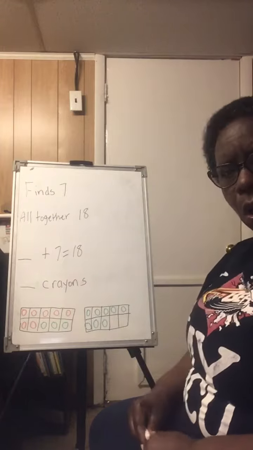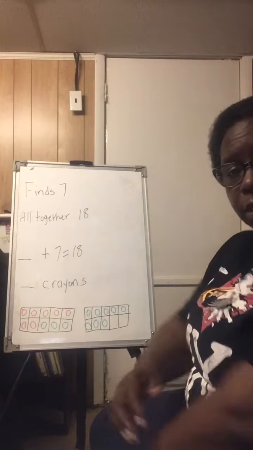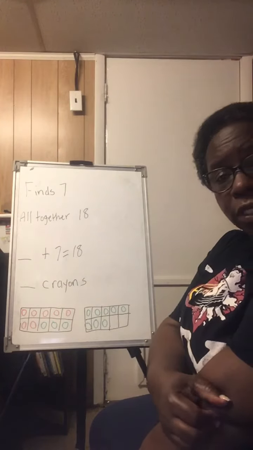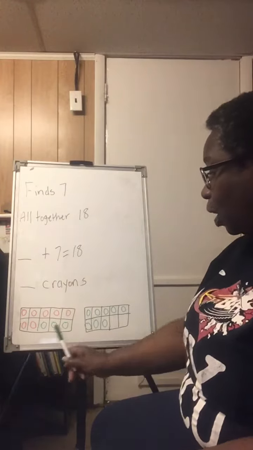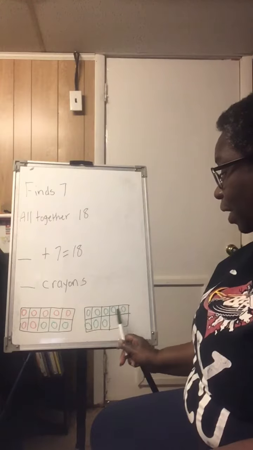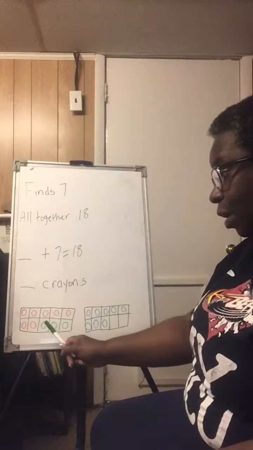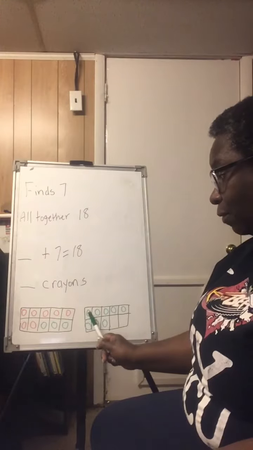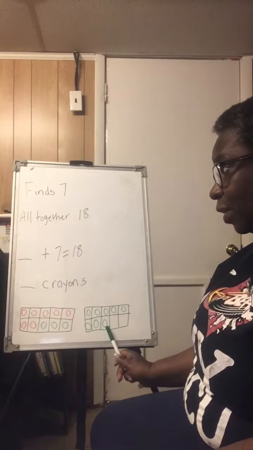So let's count all the green crayons to see how many she had before she found the 7. Ready? 1, 2, 3, 4, 5, 6, 7, 8, 9, 10, 11. It says 11.